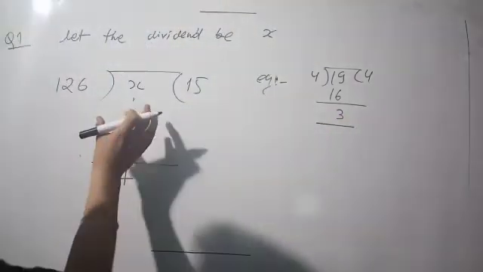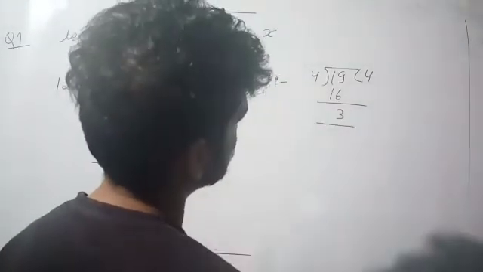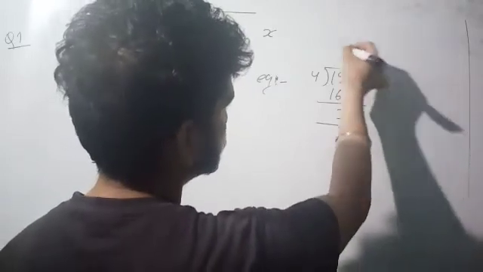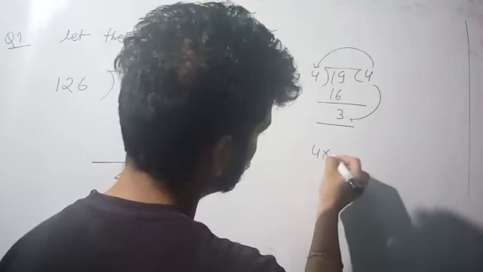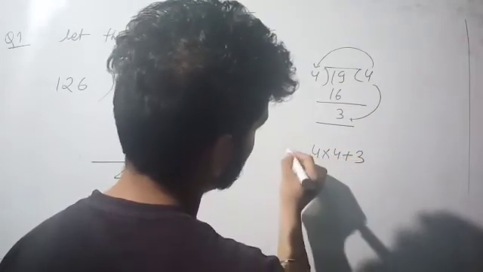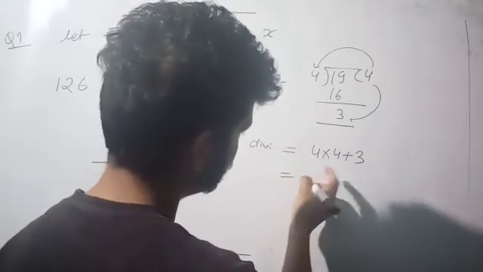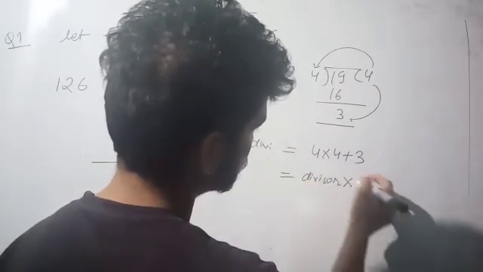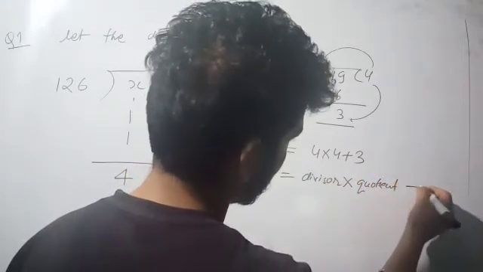Similarly, if you want to find this number, we first multiply 4 with the quotient, then add the remainder, like this: 4 into 4 plus 3. It means we get the dividend if we multiply the divisor with the quotient and add the remainder.